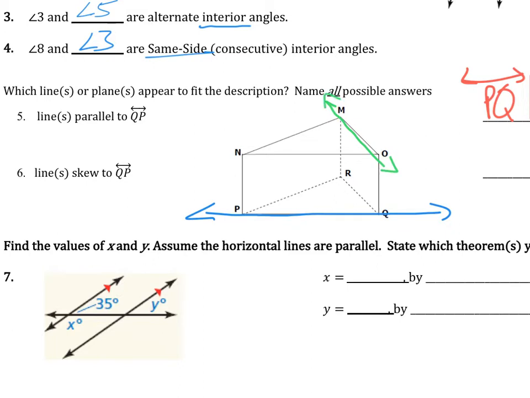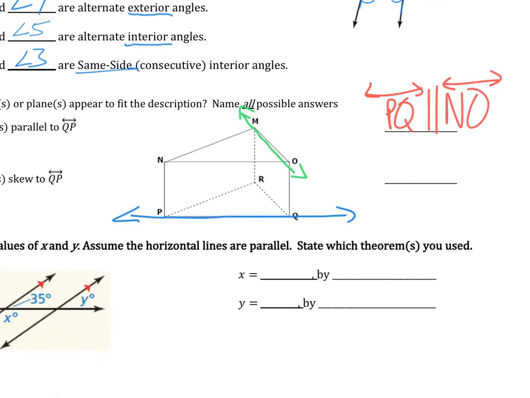Those lines will never cross, but they are not parallel. Okay, so MO is one of them. What other line there does not intersect? We need another line that will never cross. I think there's one more.